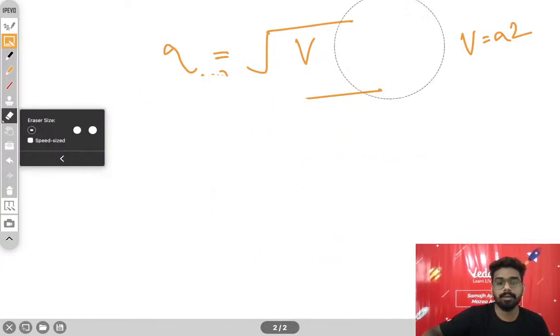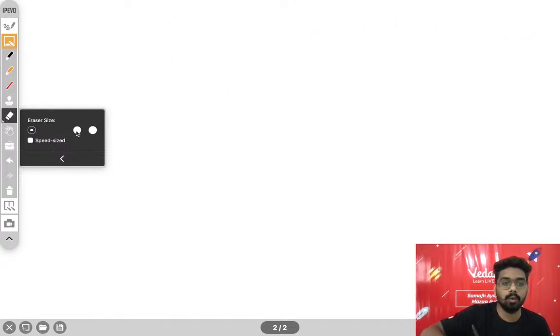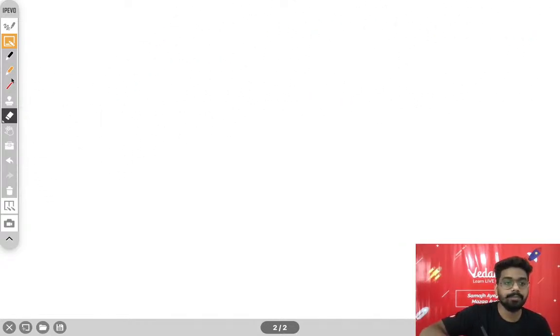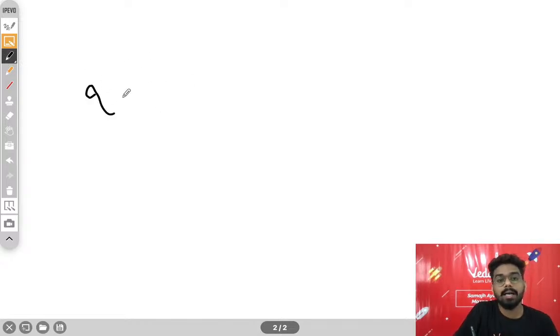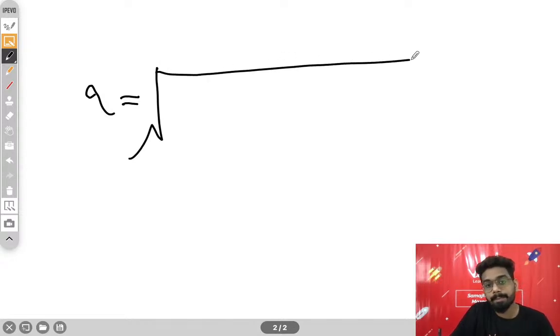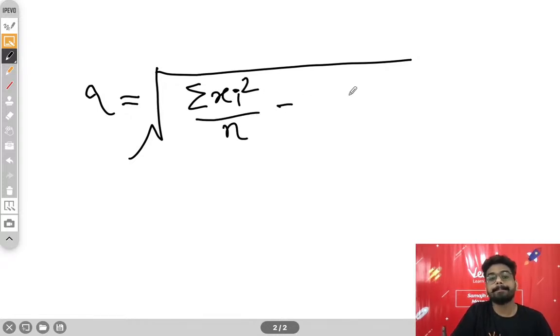I wanted to write down one simple thing: sigma is equal to the under root of summation of xi square by n minus summation of xi by n whole square.